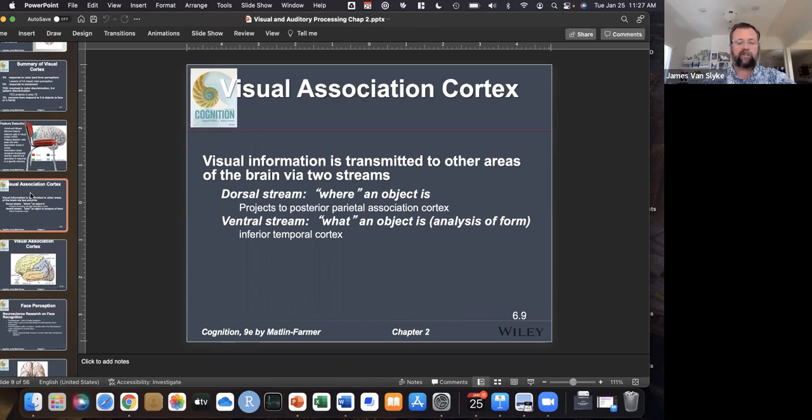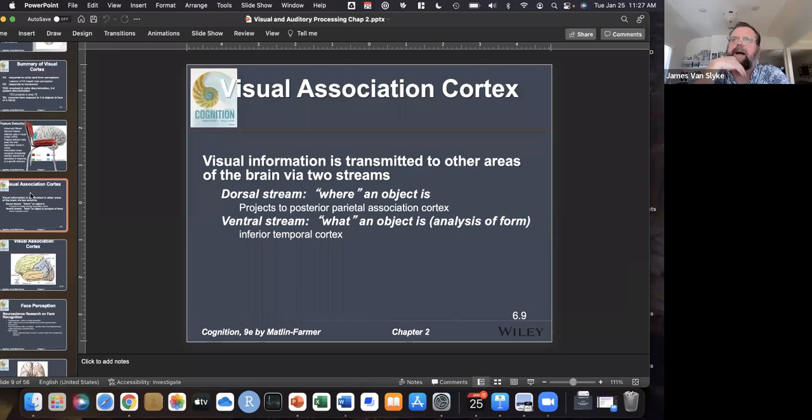The dorsal stream basically goes up from the occipital lobe to the parietal lobe, and it's primarily involved in where an object is, whereas the ventral stream starts at the occipital lobe and moves into the temporal lobe, and it's a little bit more involved in what an object actually is. So that's the basic overview of what's happening in the brain.